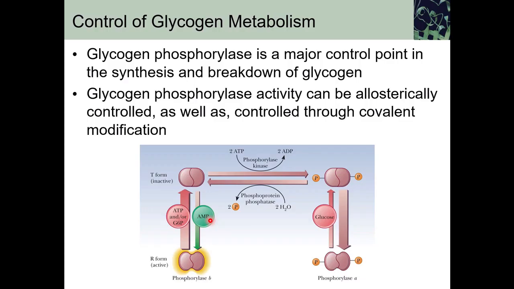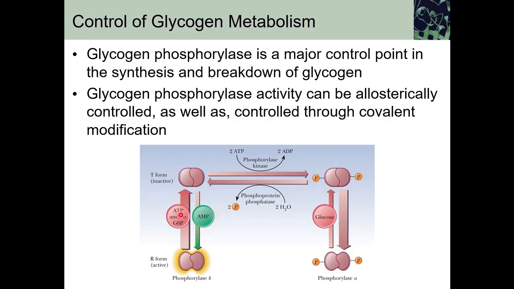In that case, what do you think? Do you need glucose to metabolize? No, you do not need glucose to metabolize, right? And so, if you do not need glucose to metabolize, then that means that you do not have need for glycogenolysis. The glycogen has to stay glycogen. There's no need to metabolize glycogen into glucose. And that's exactly what's happening here.